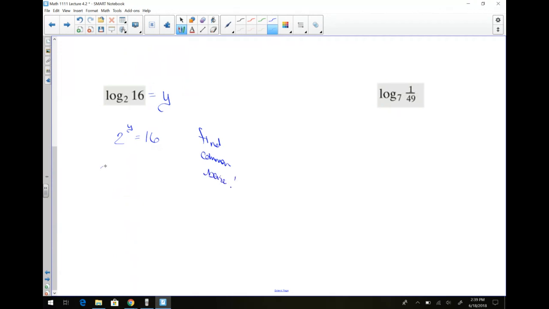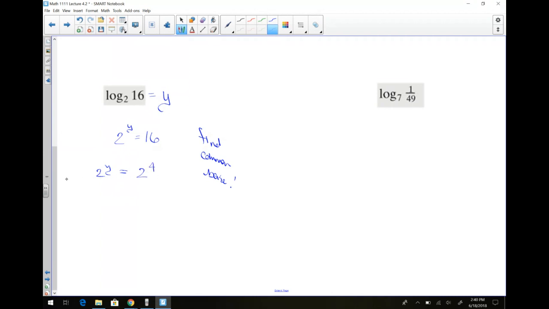So finding the common base, I want to say 2 to the y. I don't want to change anything over there. 2 to the y equals then 2 to the 4th.